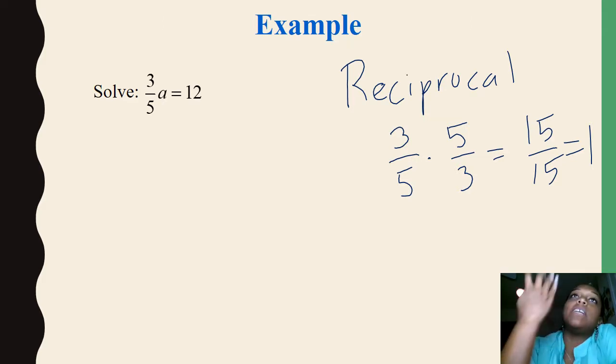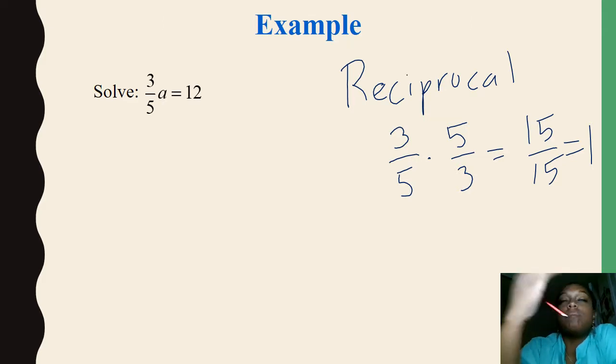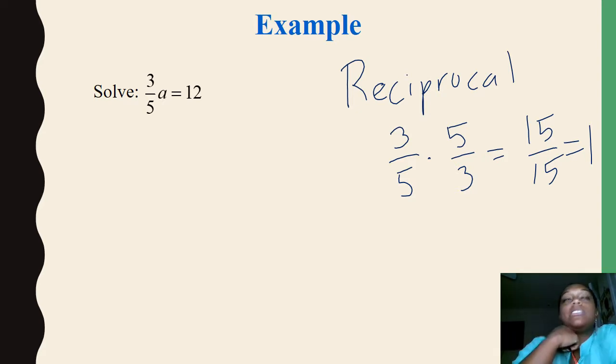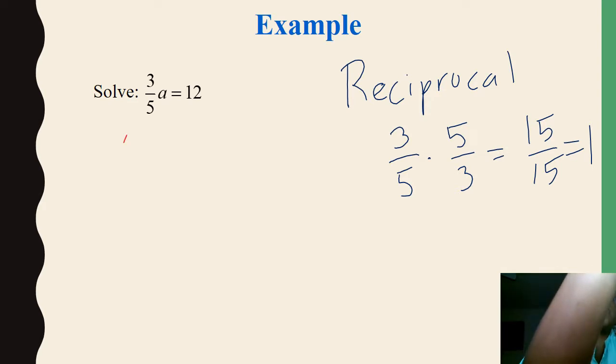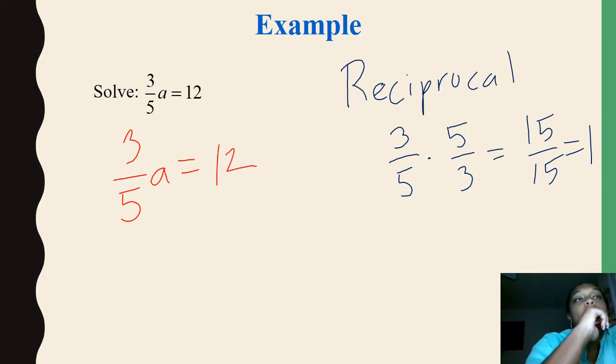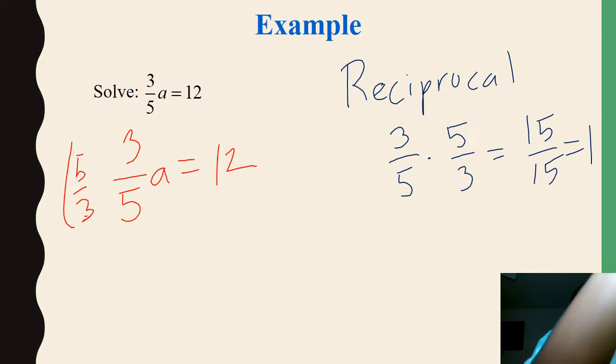Now, as long as I multiply both sides by the reciprocal, then my equation is staying balanced. So here we have 3/5 A equals 12. So I'm going to multiply by my reciprocal, and I have 5 over a weird looking 3 that's going to show up, 5/3.